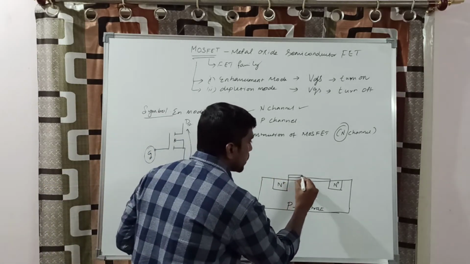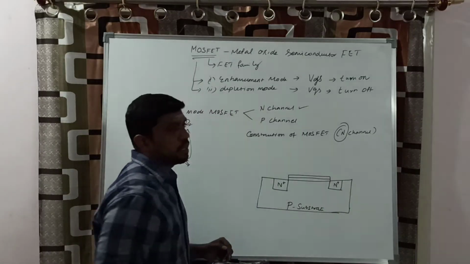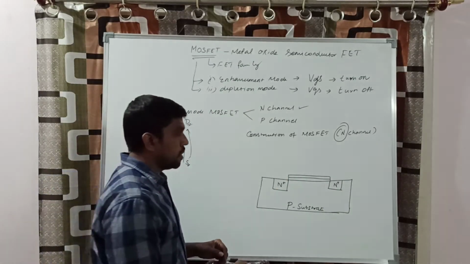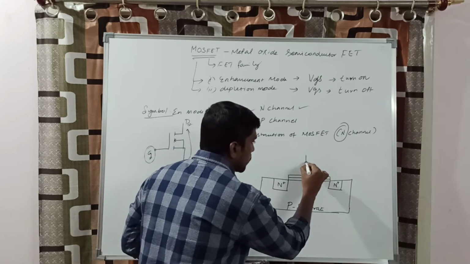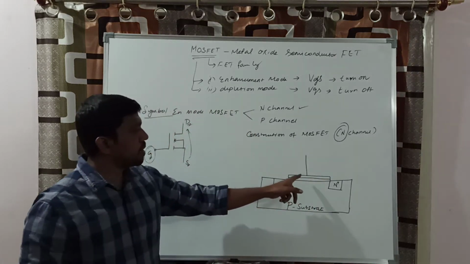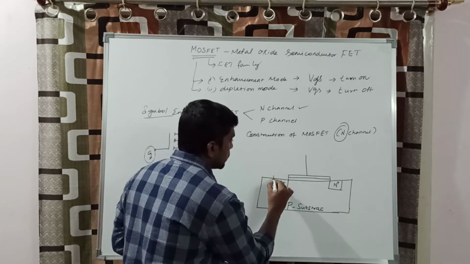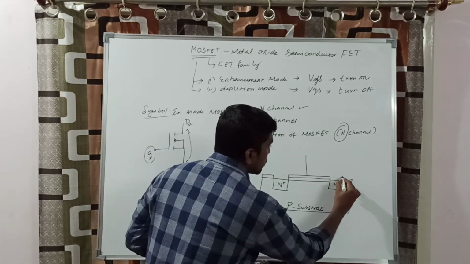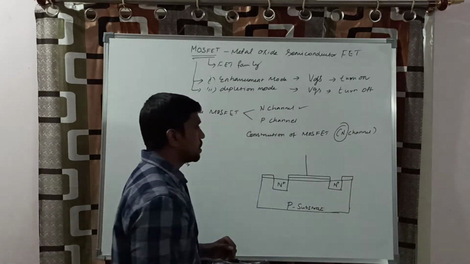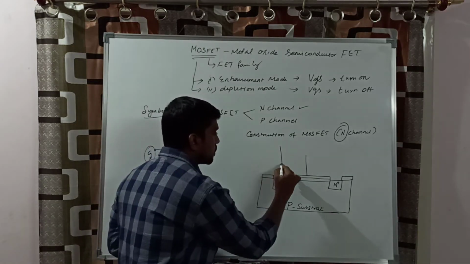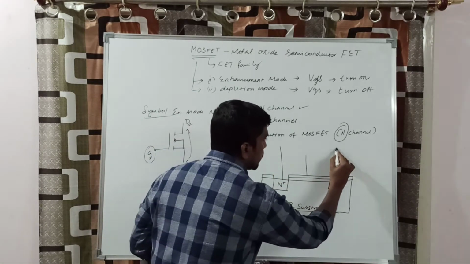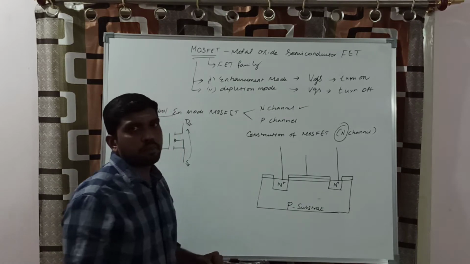Then a polycrystalline silicon layer for taking the gate terminal. So only the gate terminal you can take from the polycrystalline silicon. From the remaining two regions, you can take two contacts from one N plus and another N plus.